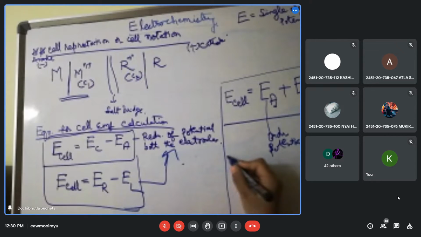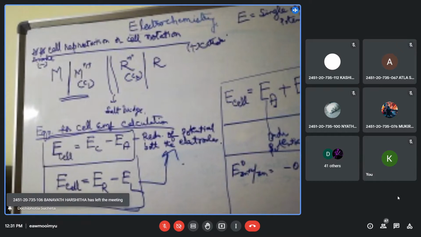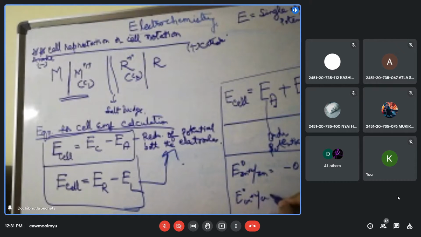E naught Zn plus 2 slash Zn is equal to minus 0.76 volts. And E naught copper plus 2 slash copper is equal to plus 0.34 volts.